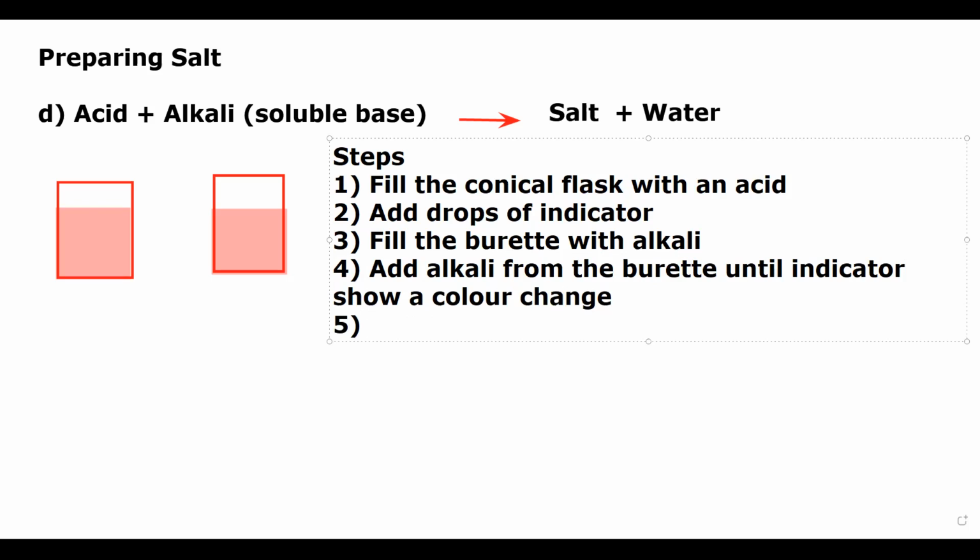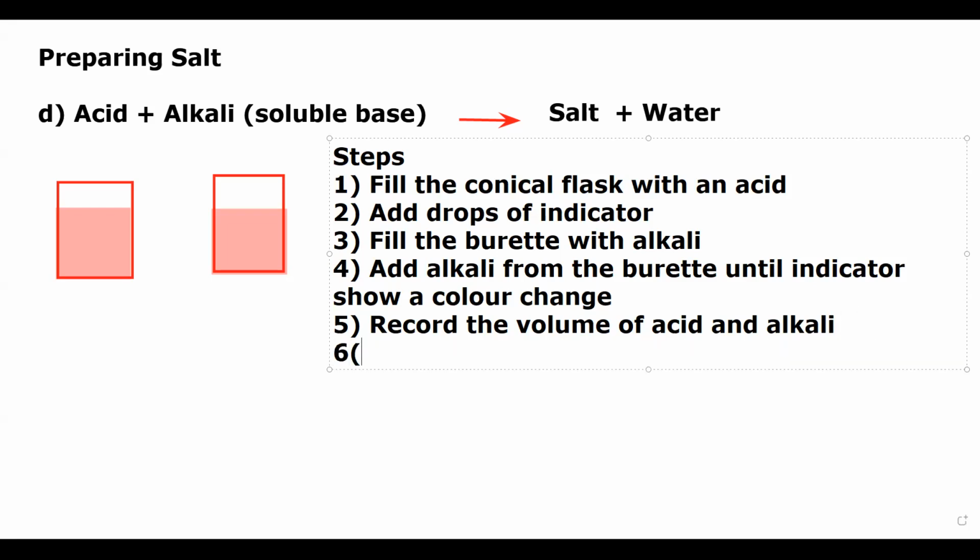Then after the indicator shows a color change, we will record the volume of acid and alkali. Then we will repeat the experiment without indicator, because the indicator was used first to identify how much acid is needed to react with an alkali.